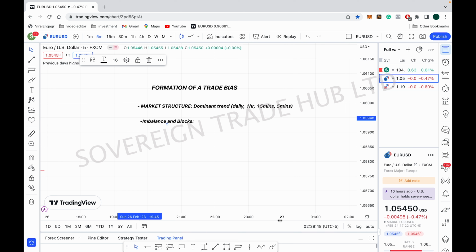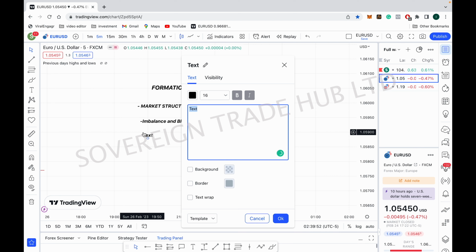Then the next thing I look out for in the market is a very, very important concept. I pay maximum attention to it: liquidity. In liquidity, let me put this internal range and external range.